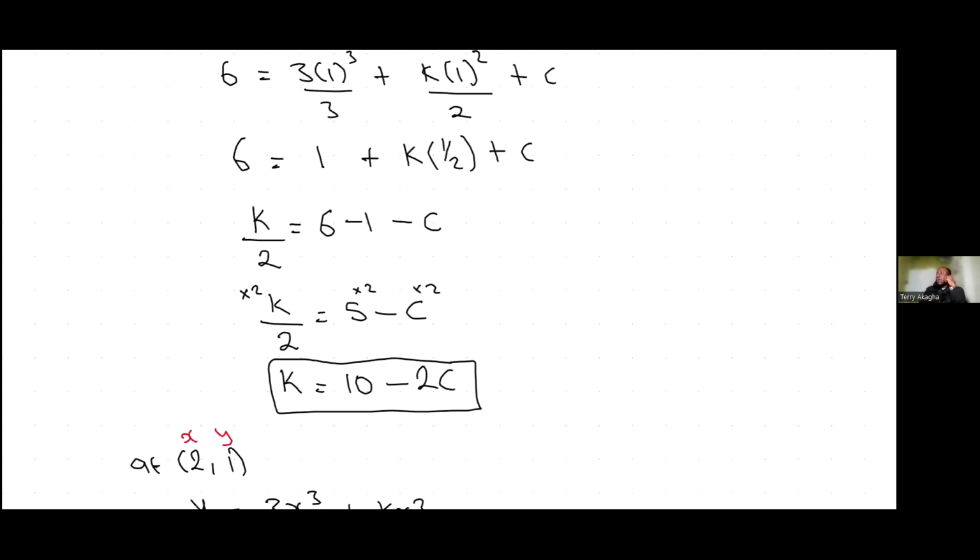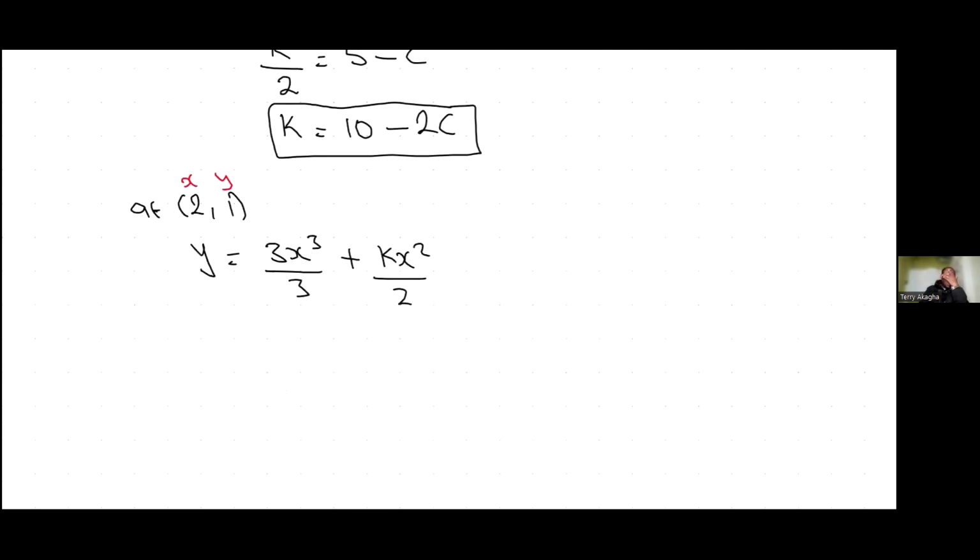All right. So the same thing, when we substitute 2 the answer should be 1. So we're going to have 1 is equal to 3 times 2 cubed divided by 3 plus k times 2 squared divided by 2 plus c, all right?